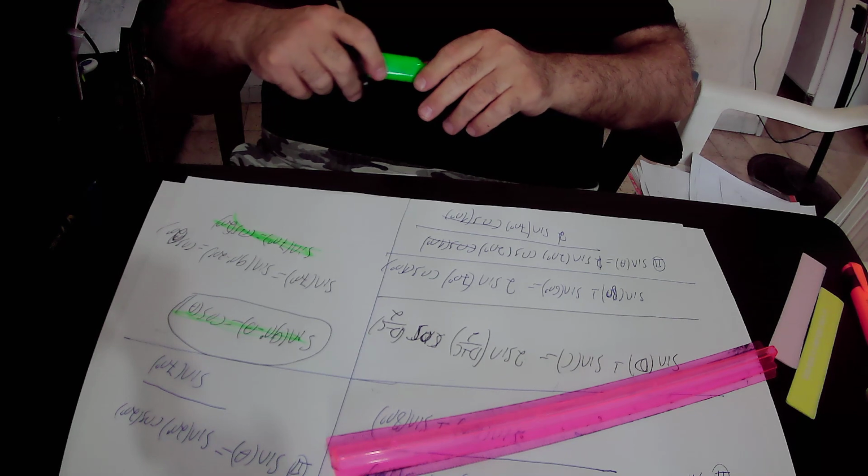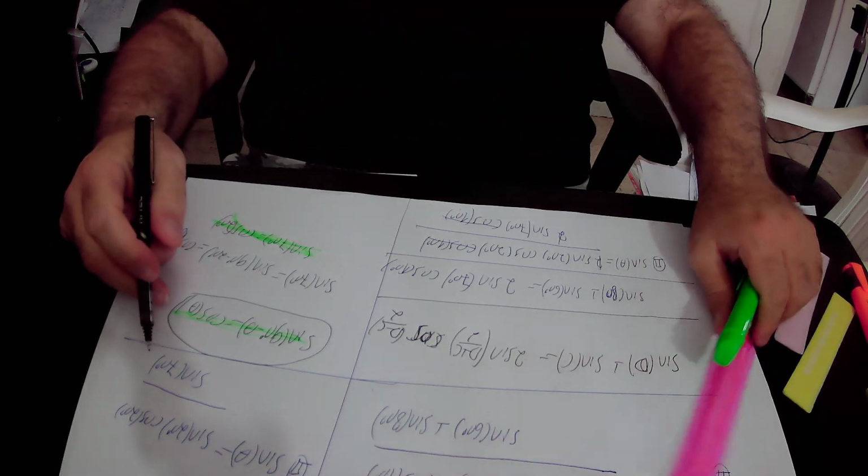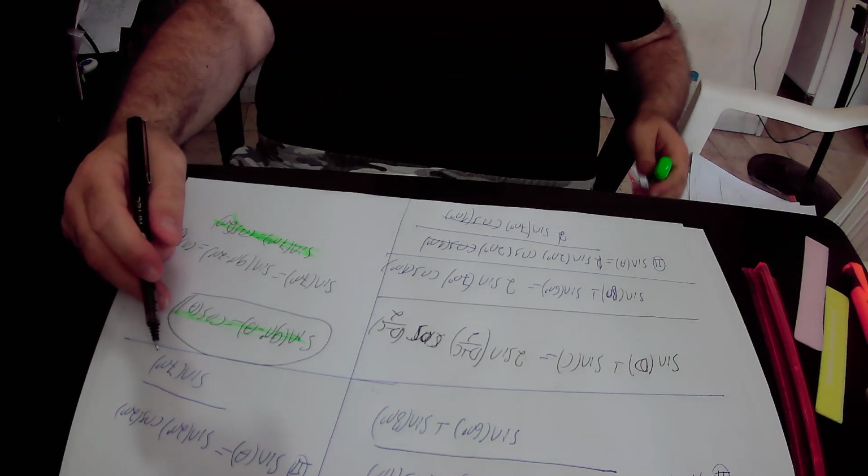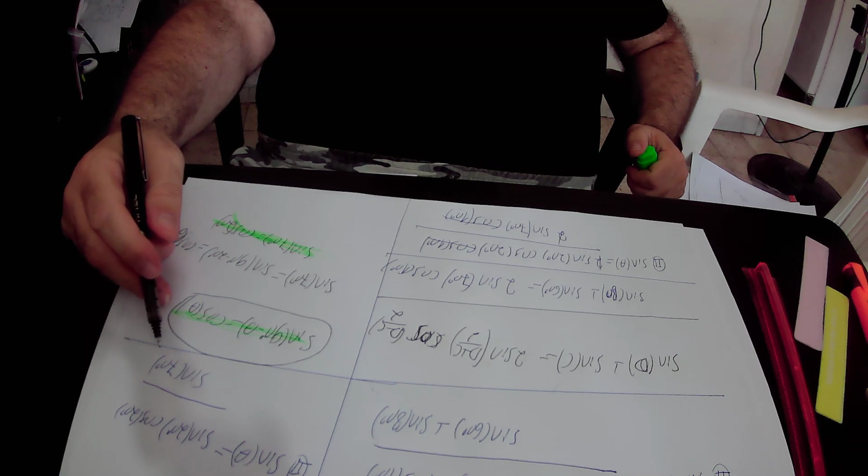Therefore, we can substitute sine 70 degrees in the denominator of equation number 2 by cosine 20 degrees.